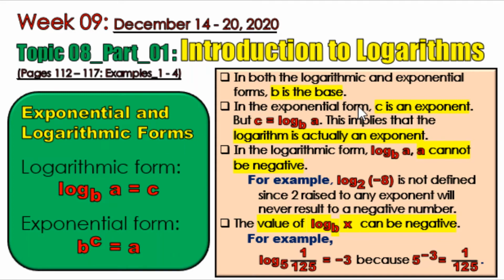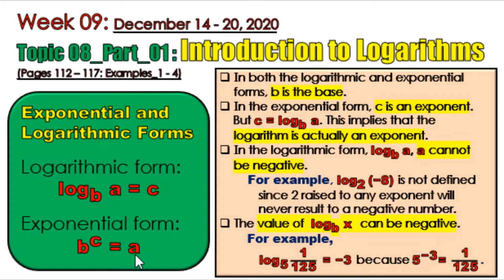In the exponential form, c is an exponent, but c is equal to logarithm of a to the base b. This implies that the logarithm is actually an exponent. So for logarithmic form, c is the exponent of b so that we can have the value of a. And for the exponential form, c is also the exponent of b to get the value of a.